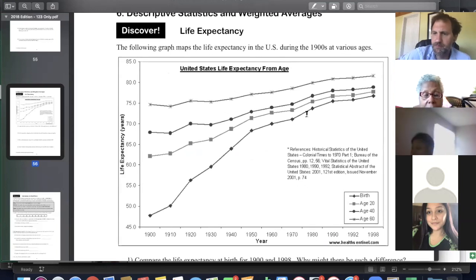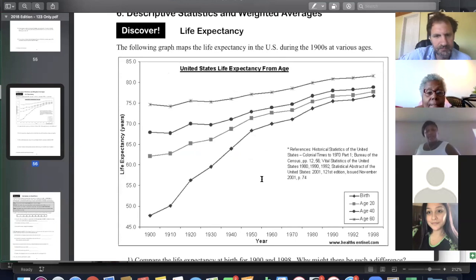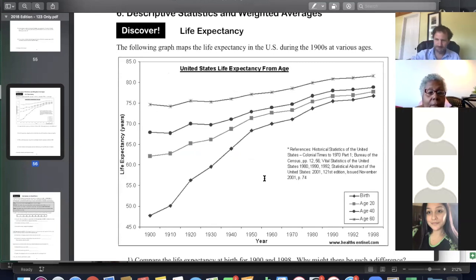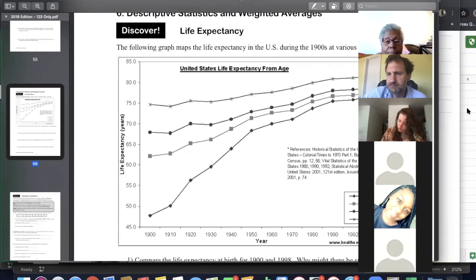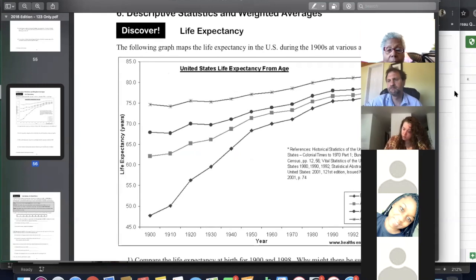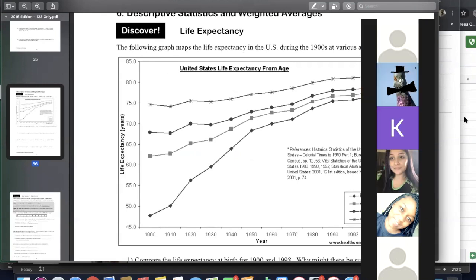Okay, so have you had a chance to look at this picture? Any thoughts about this graph? What is it showing us? I know that's kind of a broad question.